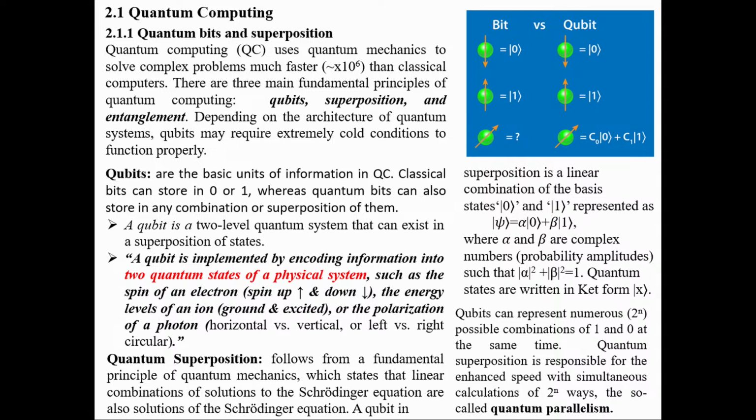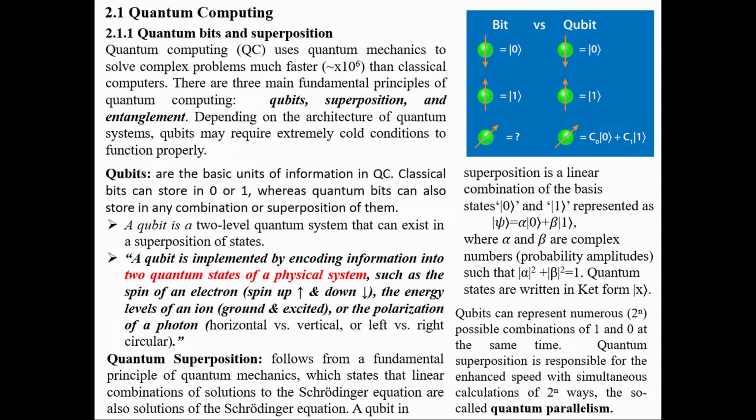For example, if you have n qubits, you can have 2 to the power of n ways of calculation simultaneously. Classically you can do only one after another, but here with n qubits you can have 2 to the power of n equations, and calculate by all these ways simultaneously. So at the end you can get the correct result quickly.